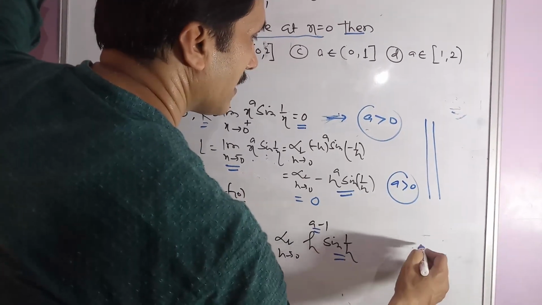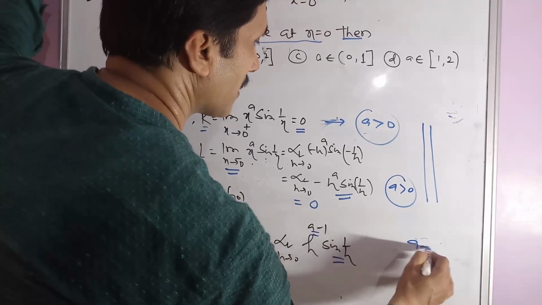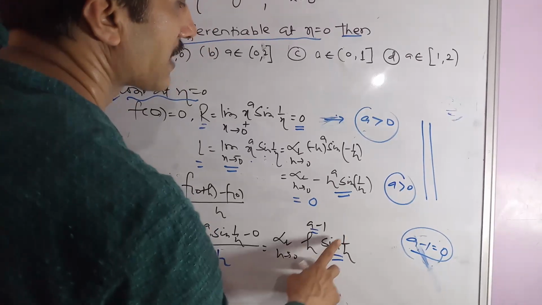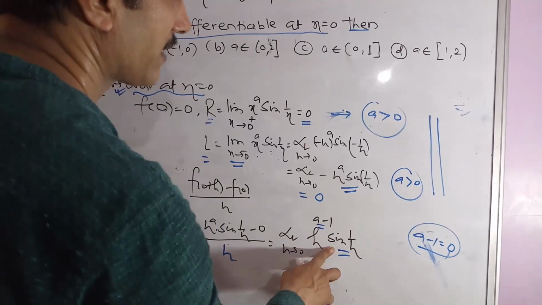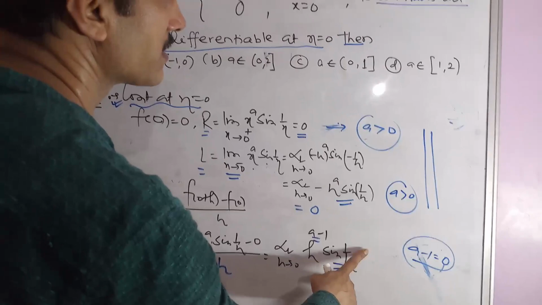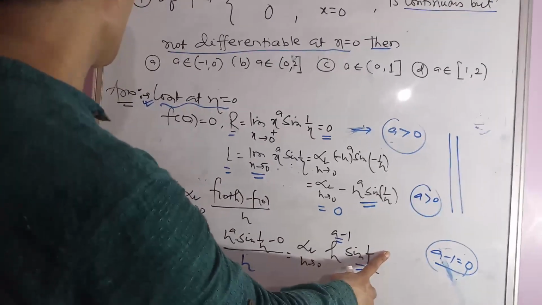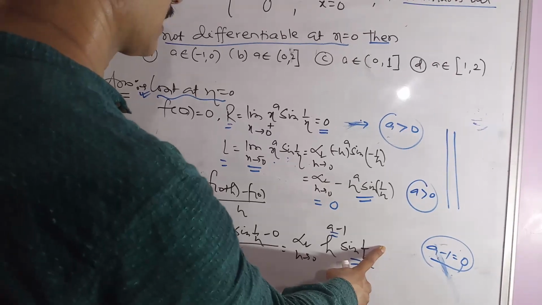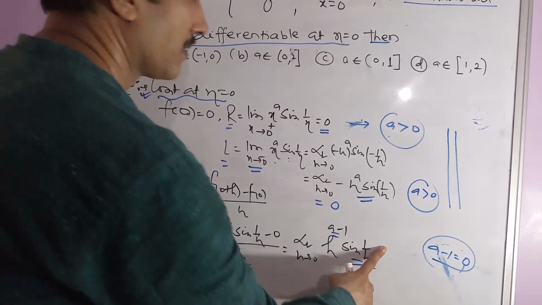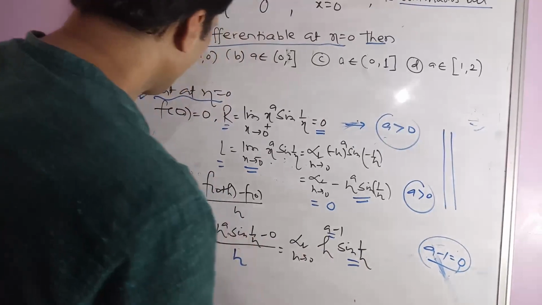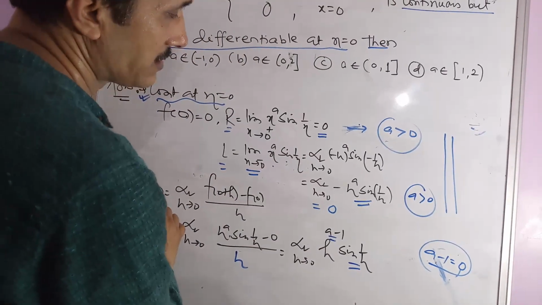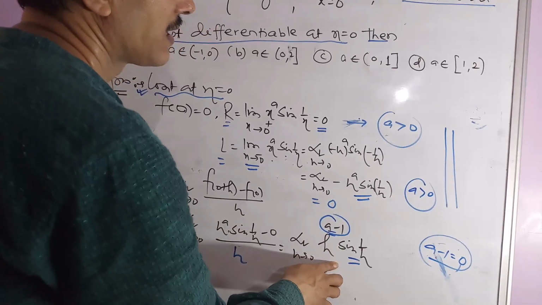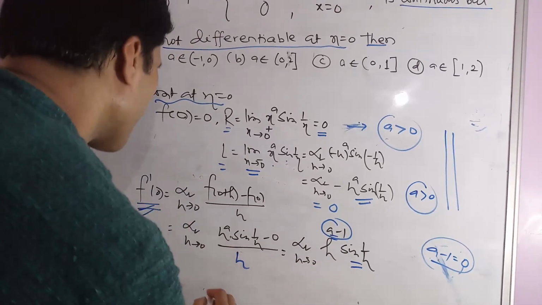When a minus 1 equal to 0, in such case we only have the factor sine 1 by h, so the limit does not exist, and that implies f dash 0 does not exist, so not differentiable. Here for f not differentiable at 0, we must have the power a minus 1 less than or equal to 0.